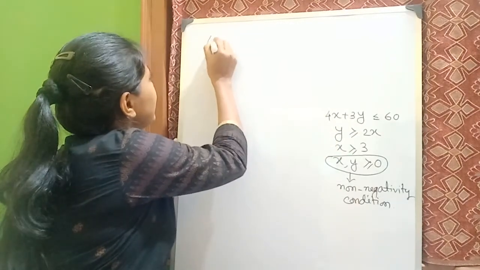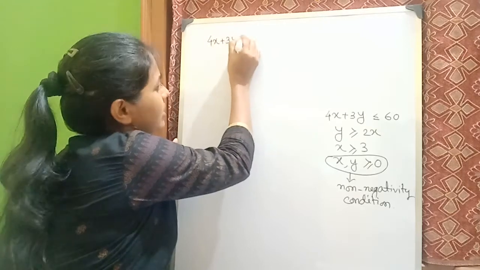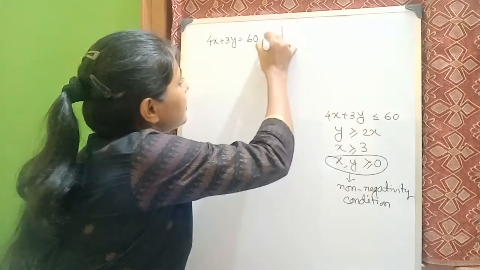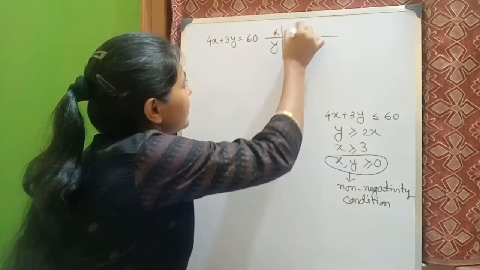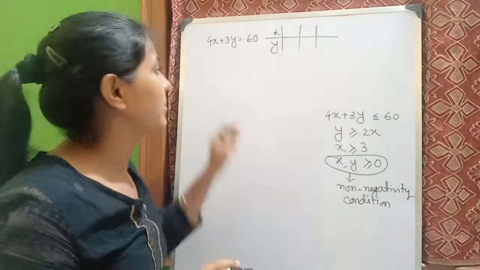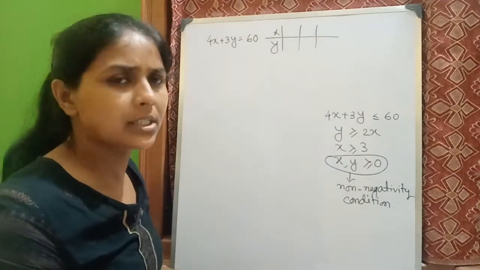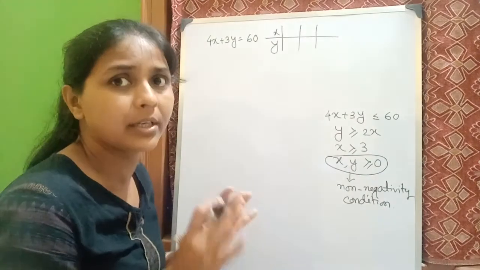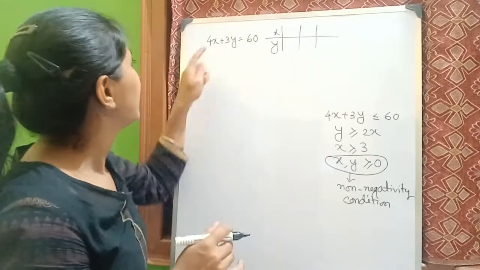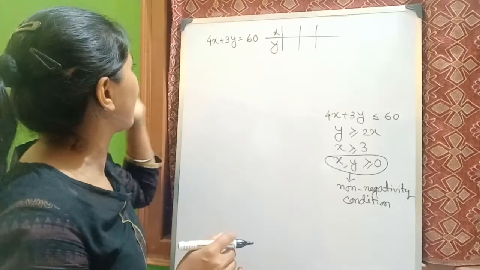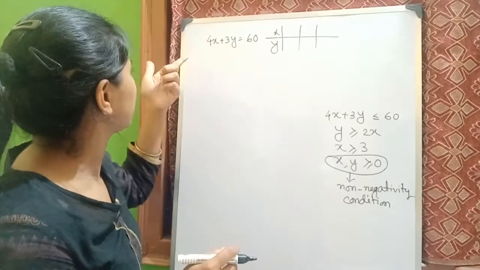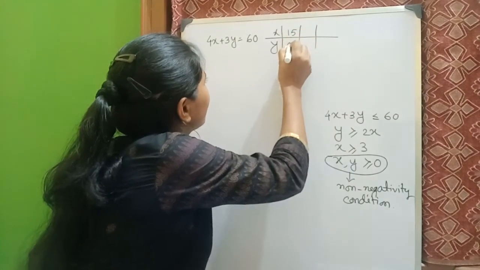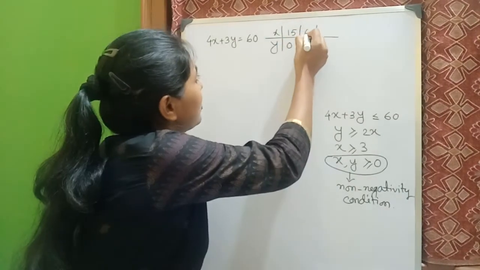The first equation is 4x plus 3y equals 60. I'm doing the calculations a little bit in a short way; when you write, please write all statements. So x, y is (15, 0) and (0, 20).